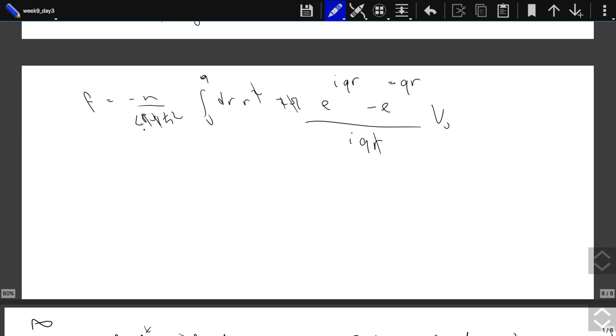We have minus m over 4 h bar squared, this is plus i, and we have V0 over q, integral from minus a to a of dr times r e to the power i q r. This is the integral we need to evaluate.